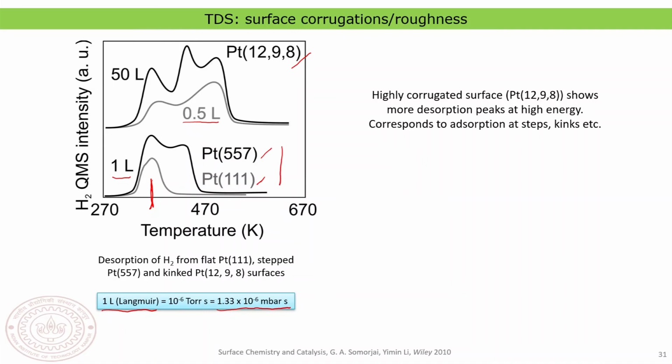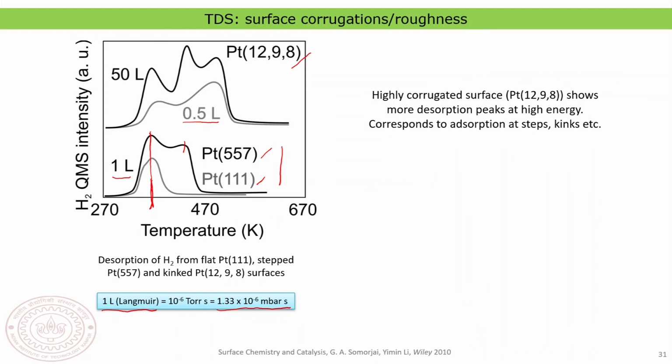Now, for the platinum 111 surface, as you see, there is only one peak. But for the platinum 557, you see there are two peaks, where one is almost the same as that you observed for the platinum 111, but the other one is at a somewhat higher energy.